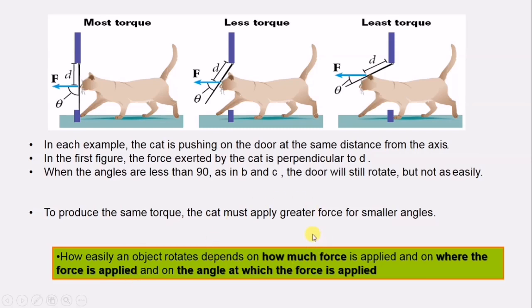It is the quantity of the force applied, and where the force is applied, whether near the pivot or far from the pivot. It also depends on the angle at which the force is applied. If you apply the force perpendicularly to the axis of rotation, you will get the maximum torque. But when you apply the force at an angle, you will get less torque.